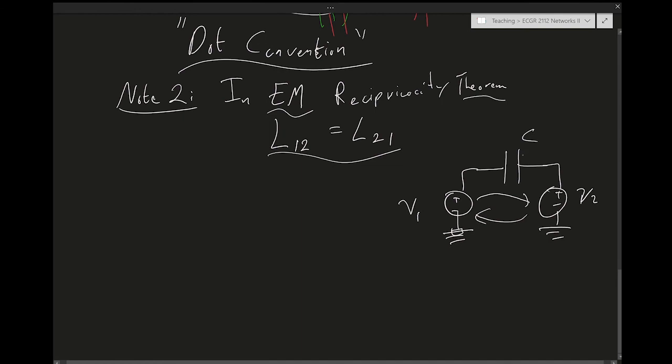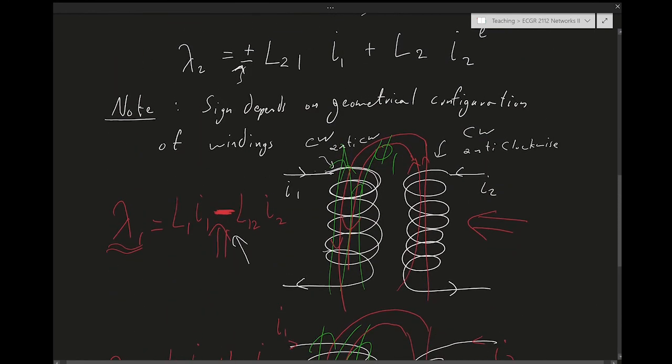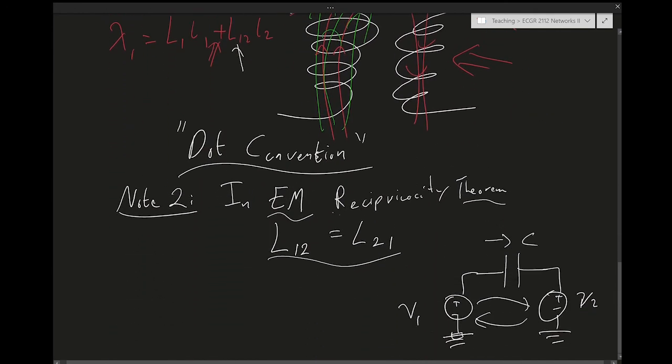C is only affected by the difference between the voltages. In the same manner, it doesn't matter where I1 and I2 are, or from what perspective you look at the mutual inductance. The mutual inductance will be the same. So this is called the reciprocity theorem, an electromagnetic theorem.